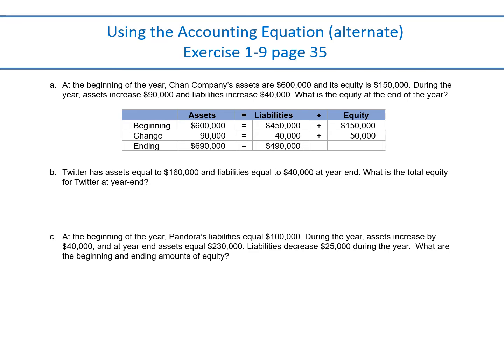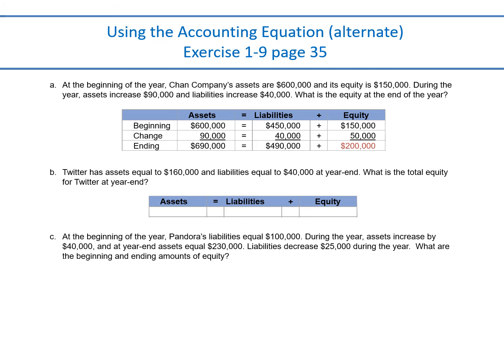And if we start the year with $150,000 of equity, equity increased by 50,000 during the year. We end the year with $200,000 of equity. So the question is asking us, what's the equity at the end of the year? It's $200,000.